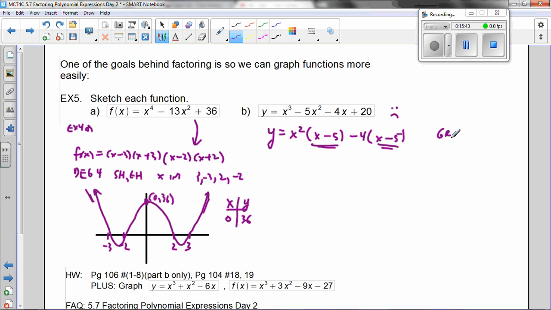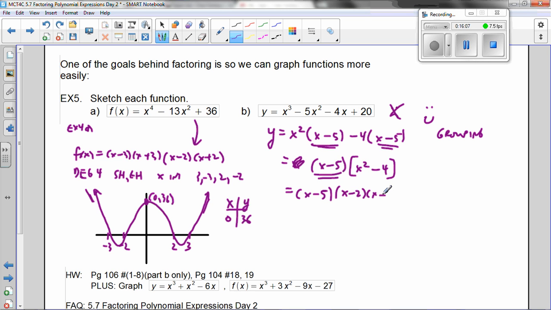This is grouping. Turn that frown upside down. Whoops, hang on. Right, the common factor out front, what's left inside the brackets is x squared minus 4. There's another difference of squares, right? x minus 2 and x plus 2.